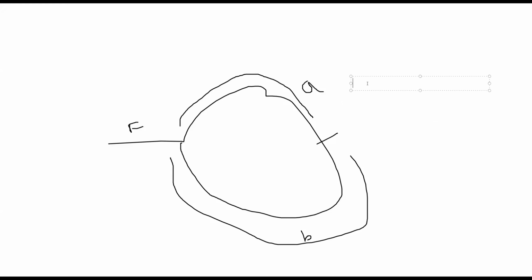What I'm saying is, the distance traveled by the fast pointer is equal to twice the distance traveled by the slow pointer.